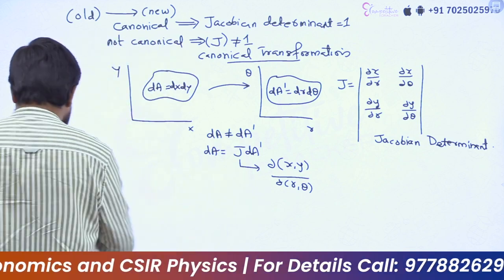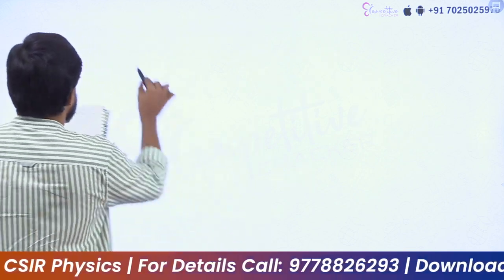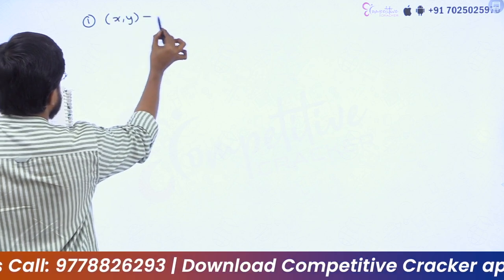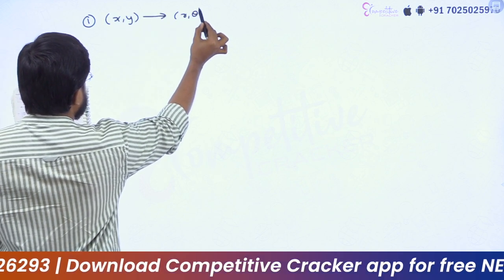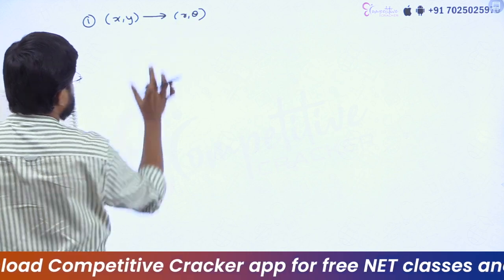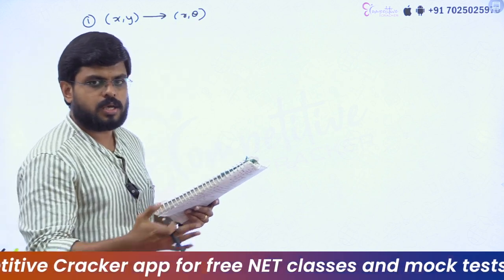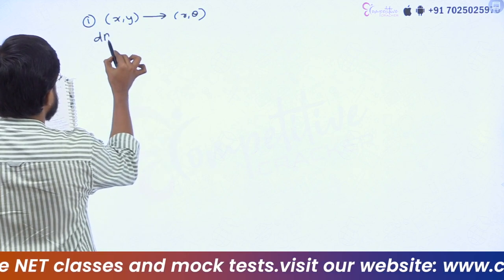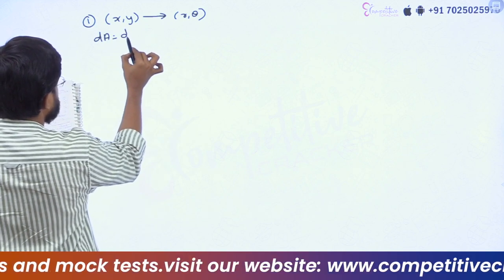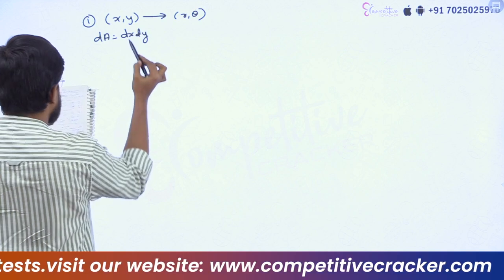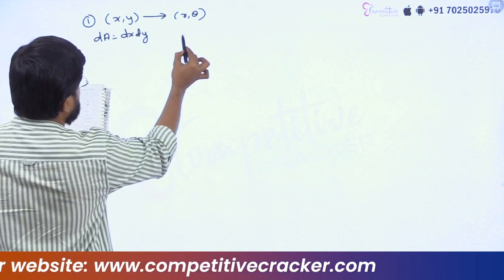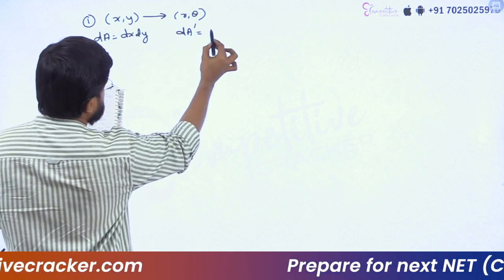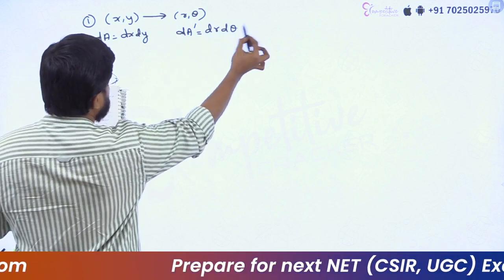For example, this is my first transformation, from x y to r comma theta, from a Cartesian coordinate system to a plane polar coordinate system. The area in the Cartesian coordinate system is obviously dx into dy, and the area in the plane polar coordinate system is dr into d theta.